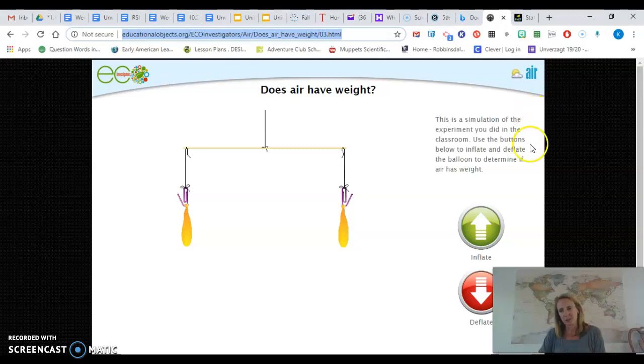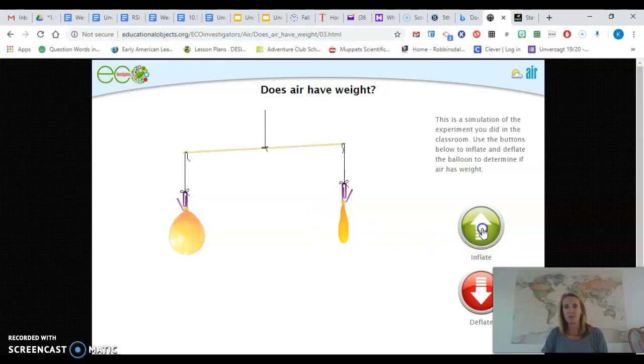Now, I found a similar simulation that I'm going to share with you today that shows the same thing. You'll notice that this meter stick has two empty balloons hanging from it. And if I were to blow up one balloon, do you see how all of a sudden this side is going down?